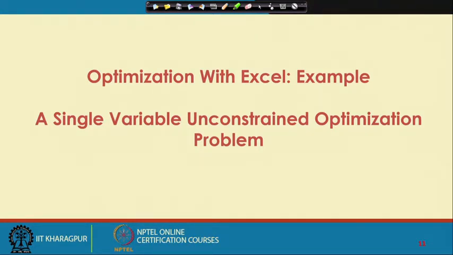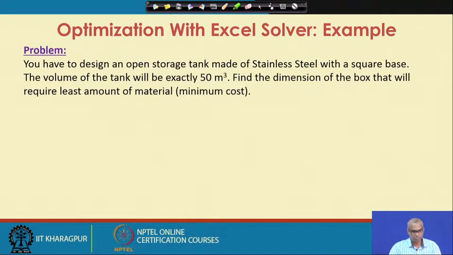So, let us take an example and go through the steps. Let us first consider a single variable unconstrained optimization problem. The problem we consider is as follows. You have to design an open storage tank made of stainless steel with a square base.